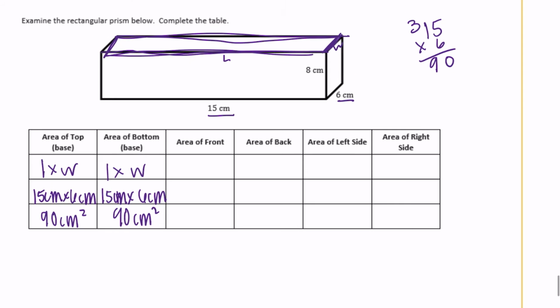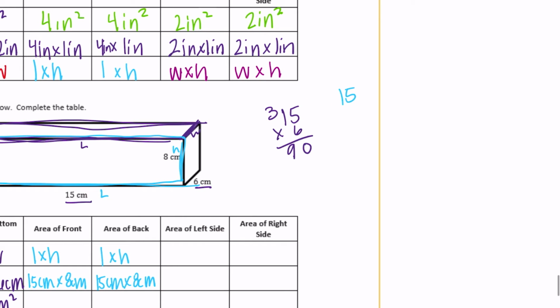Area of the front, so here's the front here. The front is the length times the height. And that would be the same as the back because the back is identical. So that's also length times height. The length was 15 centimeters and the height is 8 centimeters. So what is 15 times 8? Eight times 1 is 8. Oh, I shouldn't have carried a 2.